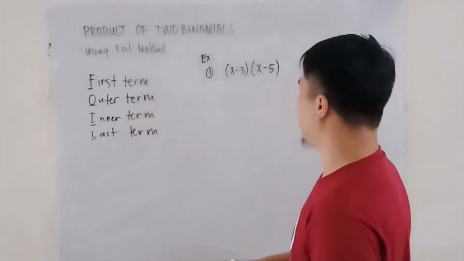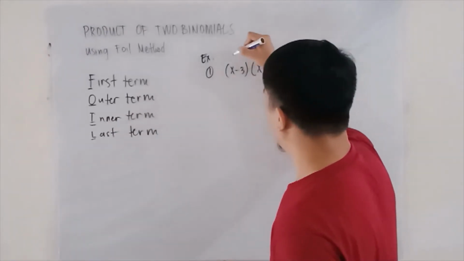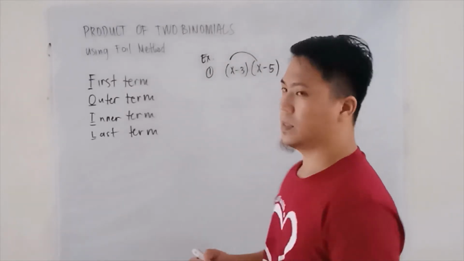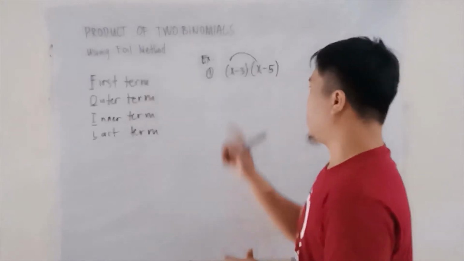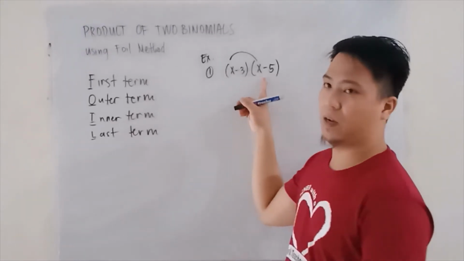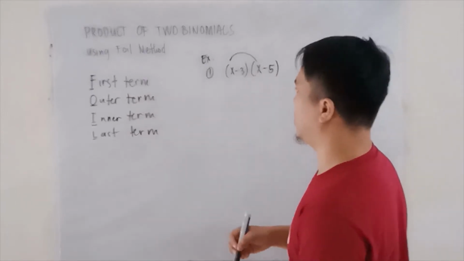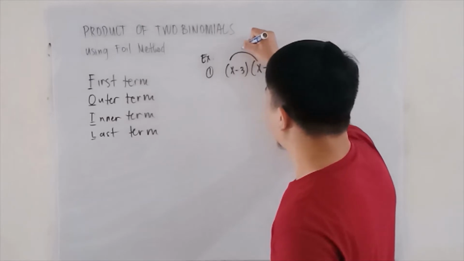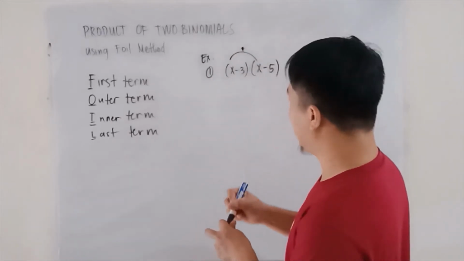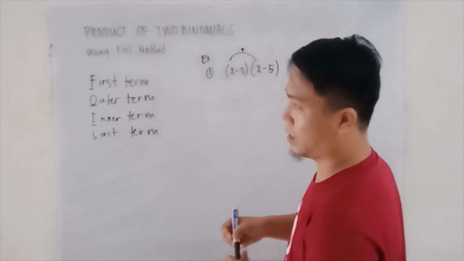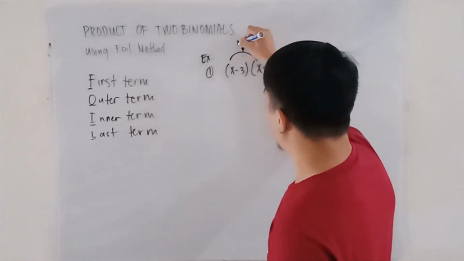The first term here is the product of the x of the first binomial, x minus 3, and the x of the second binomial, x minus 5. So in the first term, we have x times x, which is x squared.